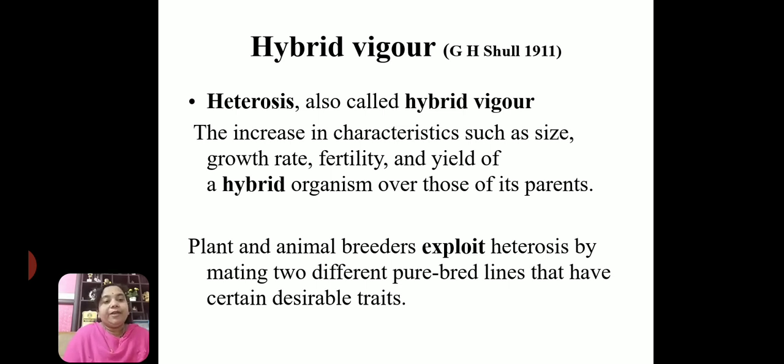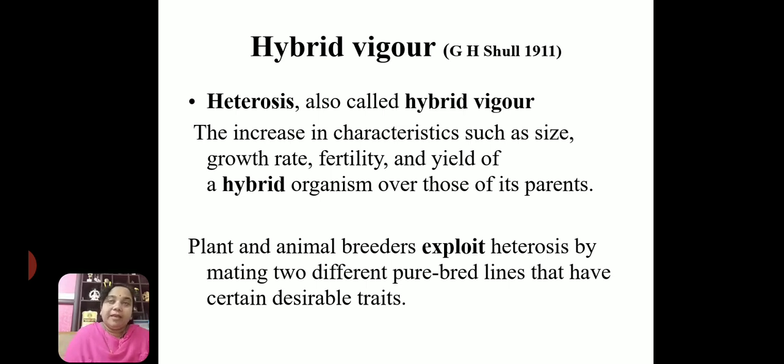If a hybrid shows much more size, or much more growth rate, or much more fertility and yield, then we can say it is heterosis, or hybrid vigor, the vigor of that hybrid over the parents.